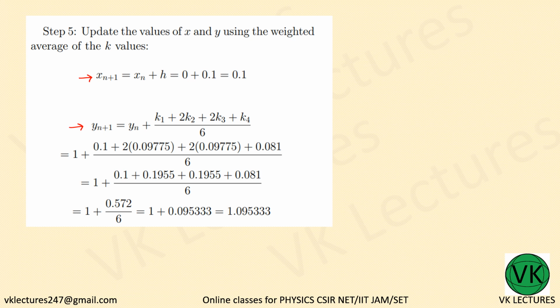So finally we will get the answer 1.095333. This is the method for finding the function f at x equal to a when the first order differential equation is given, that is, f dash of x is given.